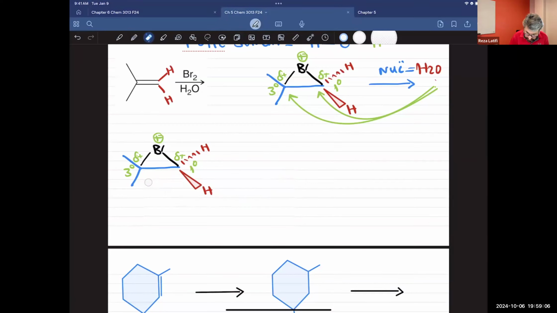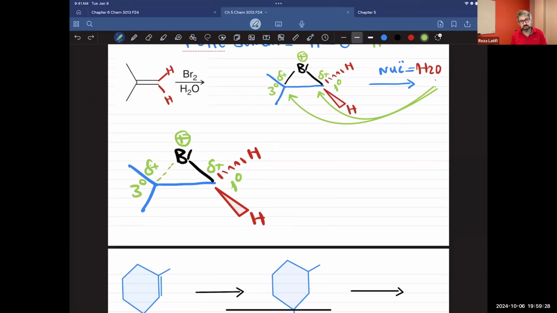Next step, I'm going to increase the size of this. What does it mean when I say the tertiary carbon is more stable? It means this bond will be a weak bond. Let's make this one a weaker bond. The one attached to carbon number one, the primary carbon, is a solid line. The tertiary is a dashed line.